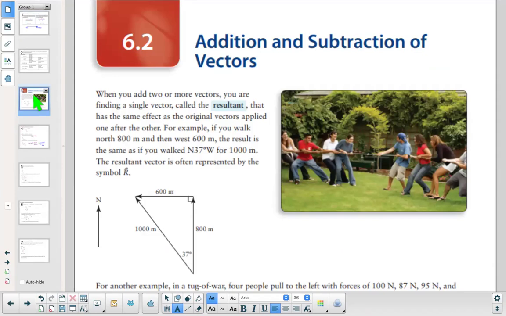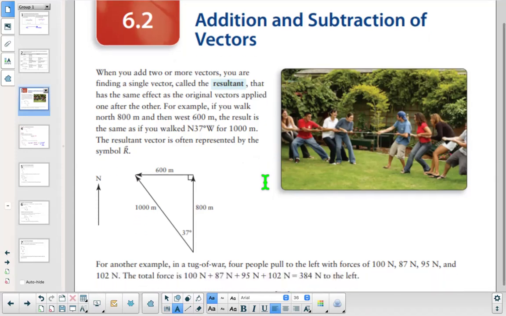When you add two or more vectors, you're finding a single vector called the resultant. Those of you who have already learned physics have dealt with working with vectors in component form and solving for the resultant. The resultant often refers to our solution that we're looking for when we are adding two vectors. We're trying to figure out what is the result of adding the two vectors, and that is what the resultant is.